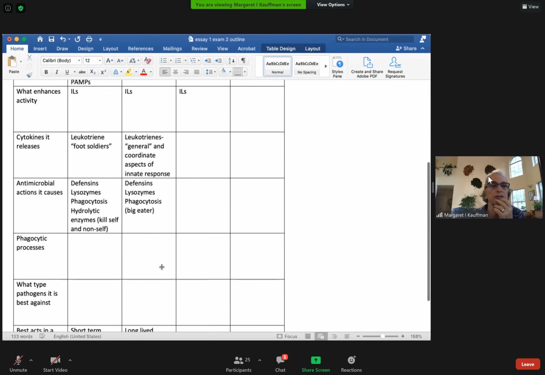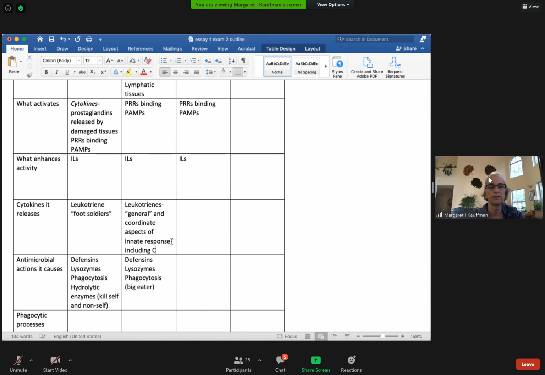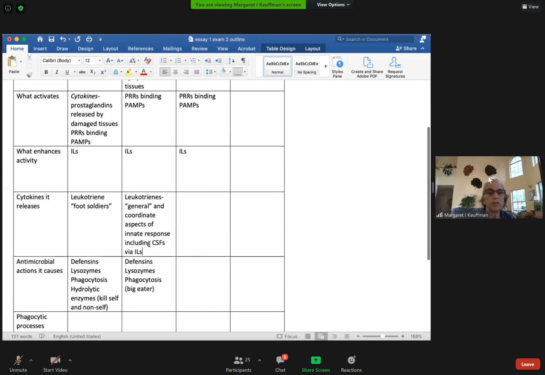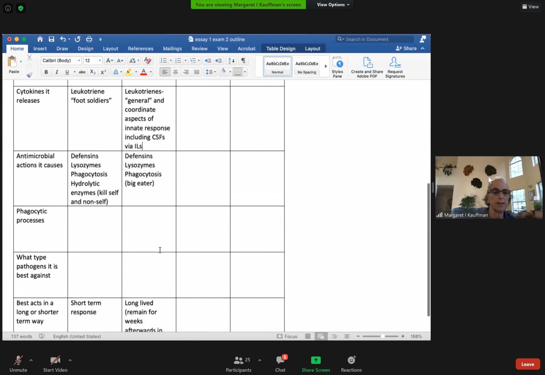And one of the things, besides the general innate response, I'm going to say including the CSFs, because they also help coordinate the bone marrow's response, and that's going to be via interleukins typically. So they do release interleukins themselves that go to the bone marrow and tell them make more monocytes or make more neutrophils and help coordinate that kind of response.